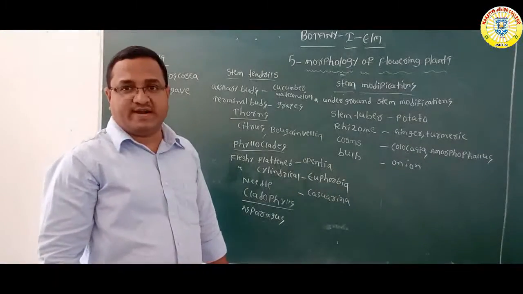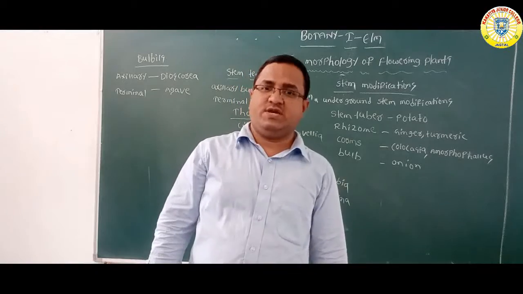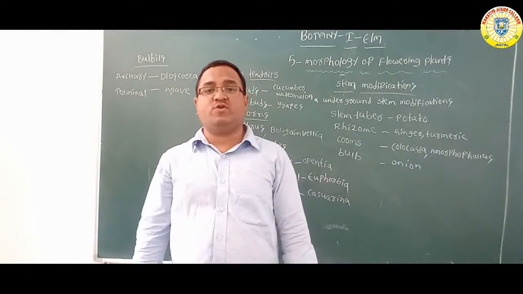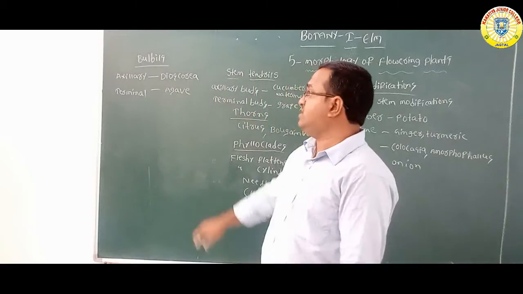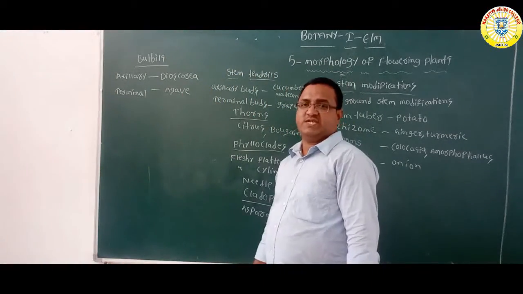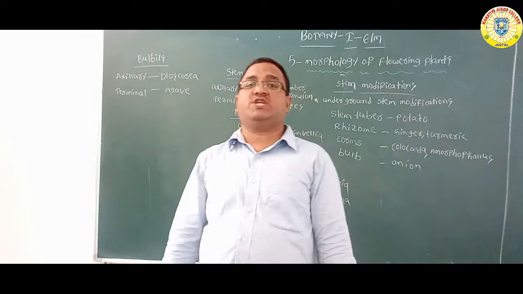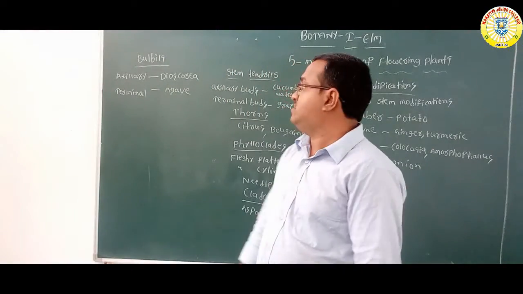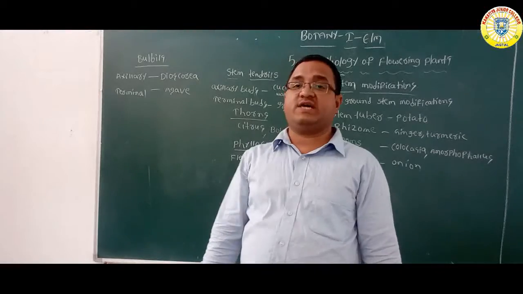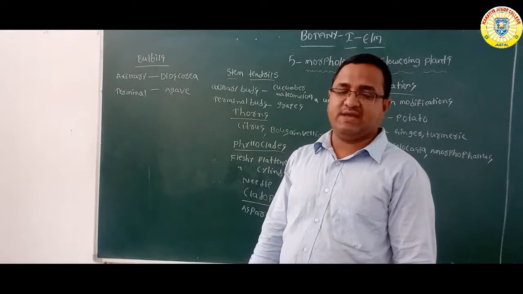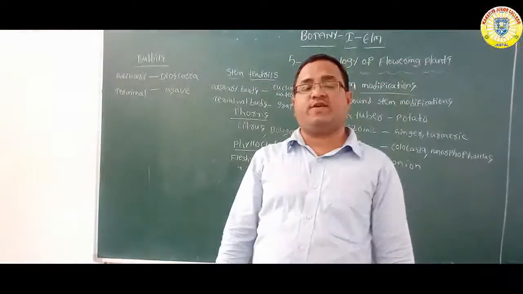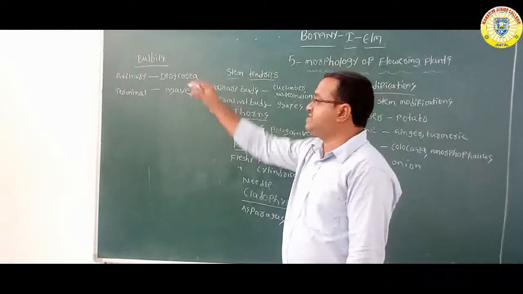Whenever these buds are detached from the parent plant, they can grow into new individual plants. These are very useful for vegetative propagation. So these special buds which store food material are called bulbils: axillary buds in Dioscorea, terminal buds in agave.